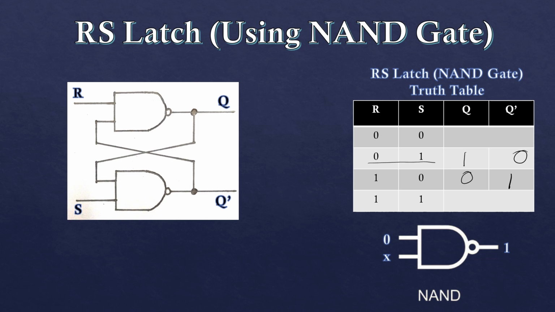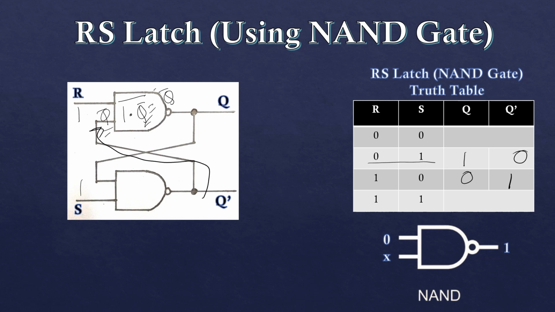Now what happens when R is 1 and S is also 1? Here we can't tell which NAND gate to consider, because both of the inputs are 1 and the other input we don't know. So we can select any NAND gate, the first or the second. It's your choice. I will start with the first NAND gate. The Q bar will go here, so I'll write Q bar itself. The first NAND gate does Q bar into 1 and whole bar.